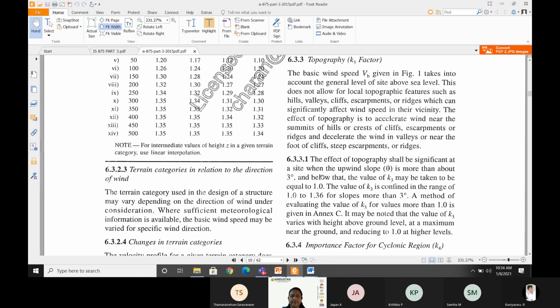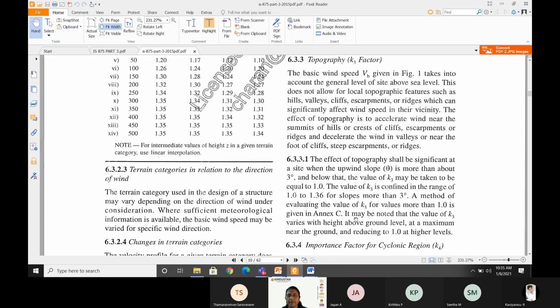If it is less than 3 degrees, the value of K3 may be taken to be equal to 1. The value of K3 is confined to the range of 1 to 1.36 for slopes more than 3 degrees. So for more than 3 degrees, the value of K3 will be between 1 and 1.36.